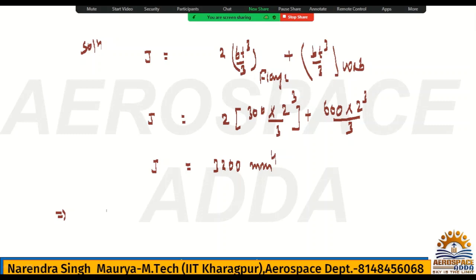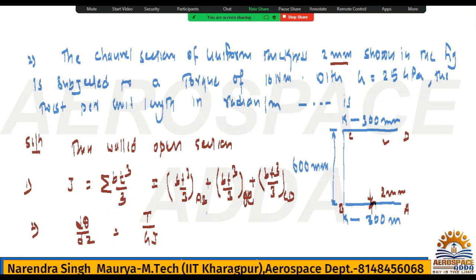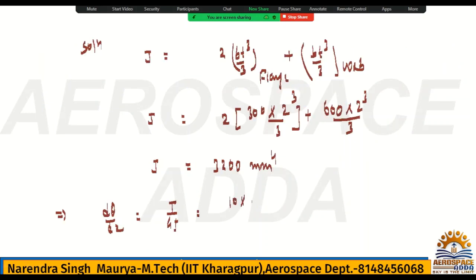T is 10 Newton meter, converted into mm units, and G in Newton per mm square is 25 into 10 power 3, and J is 3200 mm to the power 4. In radian per mm, the result is 1.25 into 10 to the power minus 4.